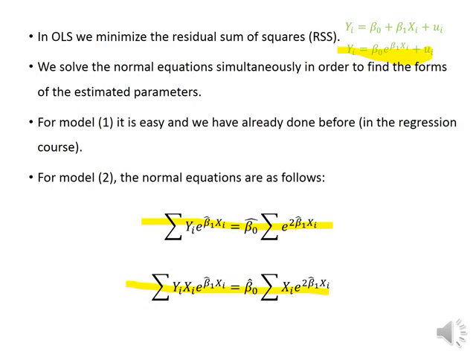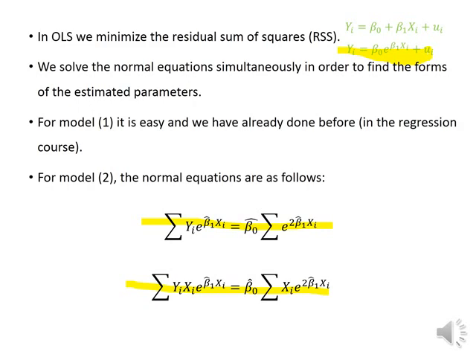Please try to find these two normal equations by differentiating with respect to beta naught and beta 1 and equating to 0. You will end up with these two equations, and these two equations are highly complicated and cannot be solved simultaneously. In other words, you cannot find the value of beta 1 hat and beta naught hat.